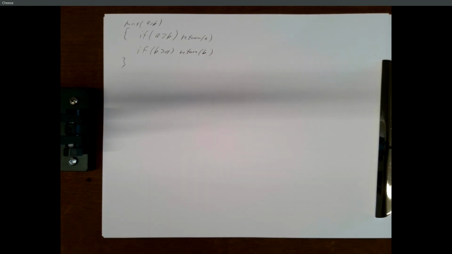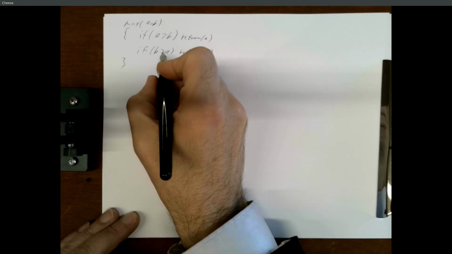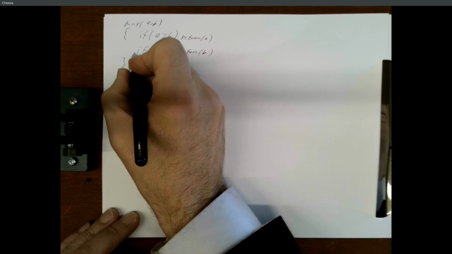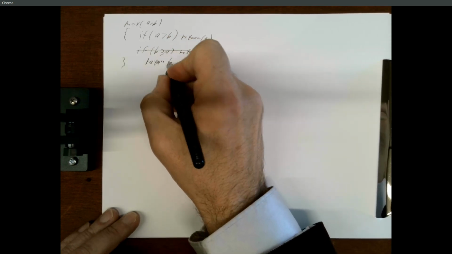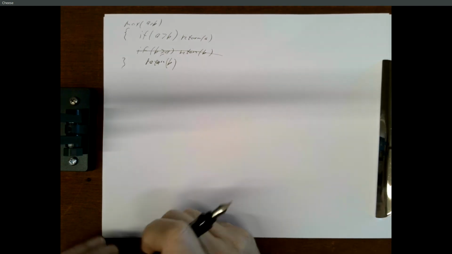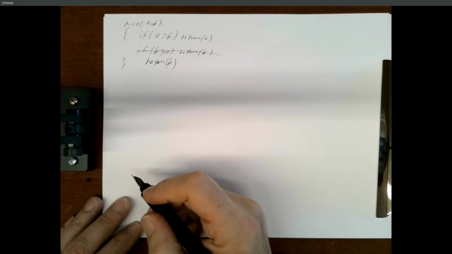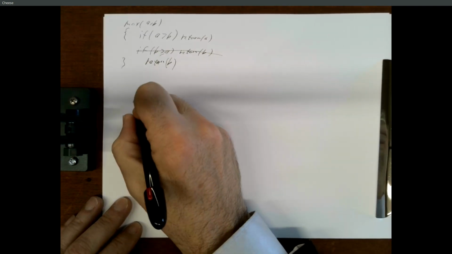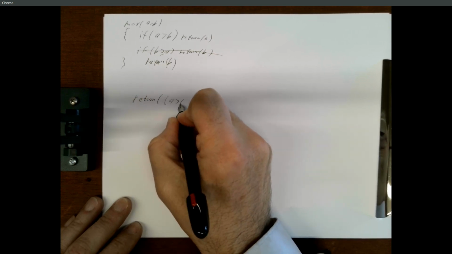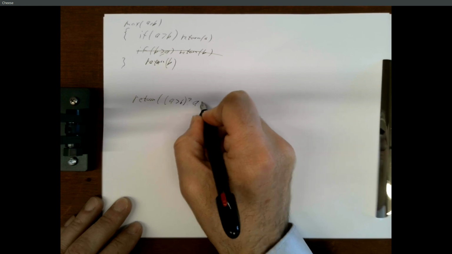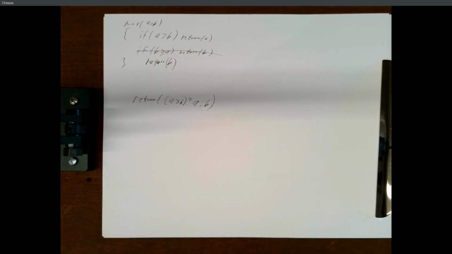And so you could do if B is greater than or equal to A, return B, or you could just make this return B, or you could say else return B. Or there's the one-line version.